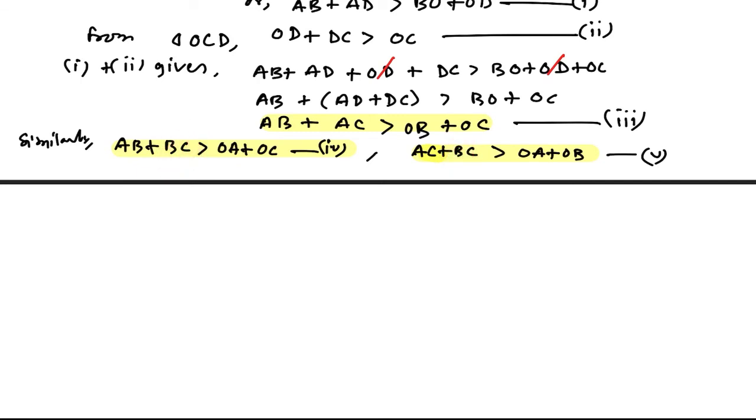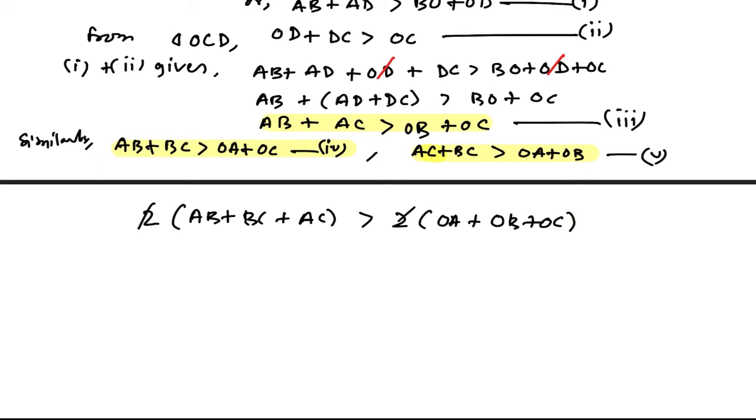Therefore, we get 2 into AB plus BC plus AC, that is greater than 2 into OA plus OB plus OC. Cancel 2 from both sides. Therefore, AB plus BC plus AC is greater than OA plus OB plus OC. Proof. Okay, look at this carefully.